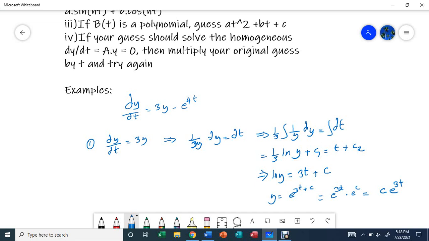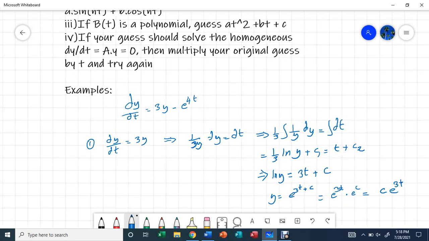This is my solution to the homogeneous equation using the separation of variables method.